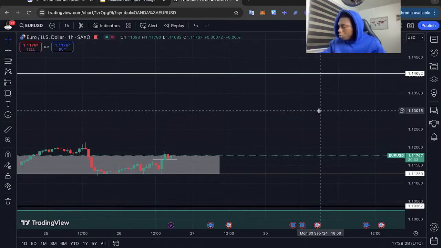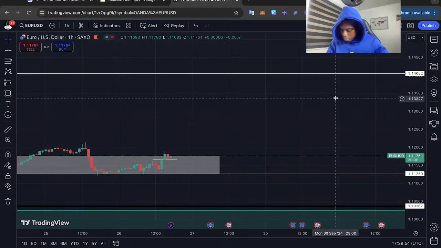So the first one we are locking in on, let me get the info. Our stop loss level is 1.11259, and our take profit level is 1.14052. So now let's do this.